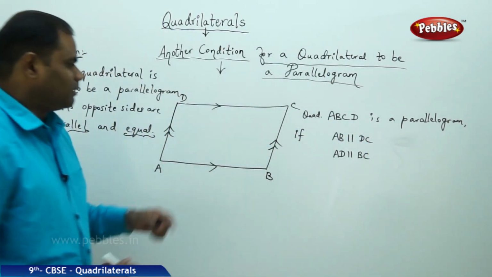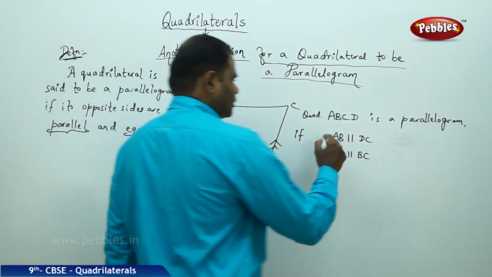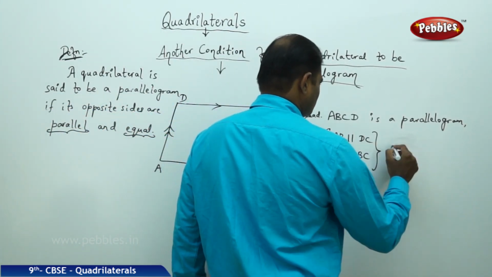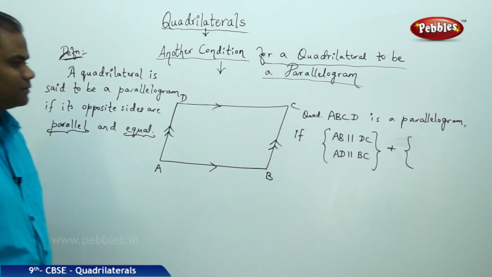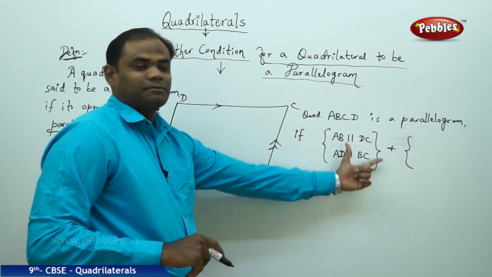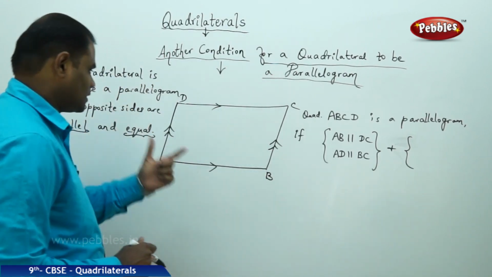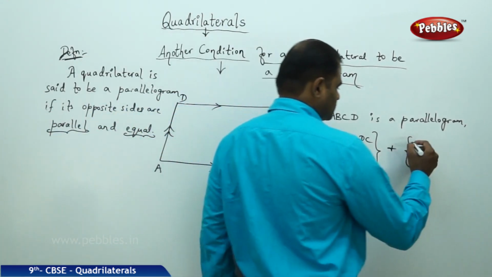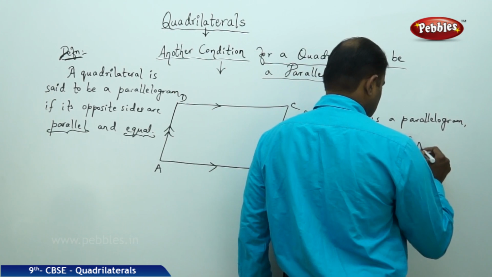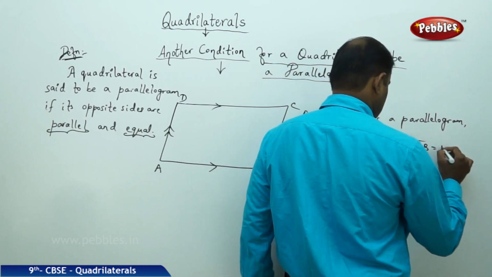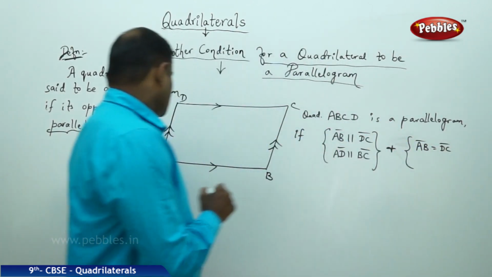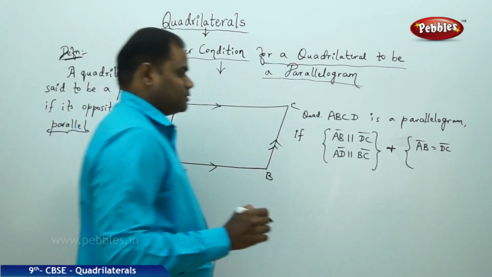Along with this, it must also satisfy the equality condition. This becomes the parallelity condition, and the equality condition is that AB must be equal to DC and AD equals BC.